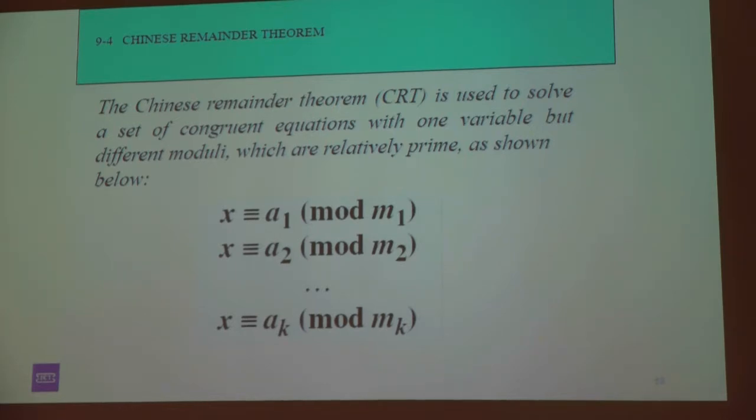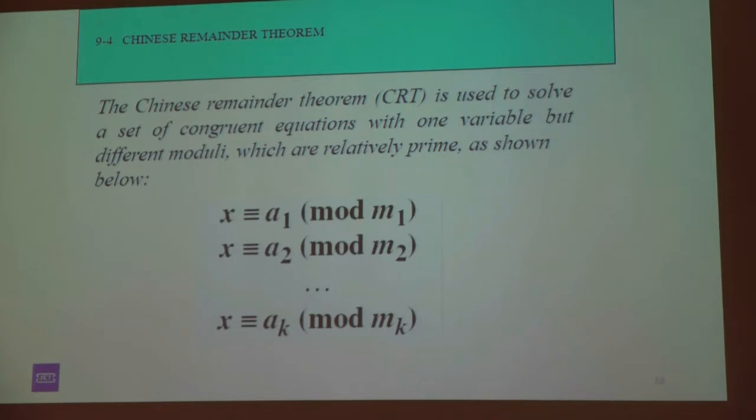So we have three equations, as you see here. There's only one variable, x, and you're going to look for x. So x modulo m1 gives you a1, x modulo m2 gives you a2, and x modulo mk gives you ak.